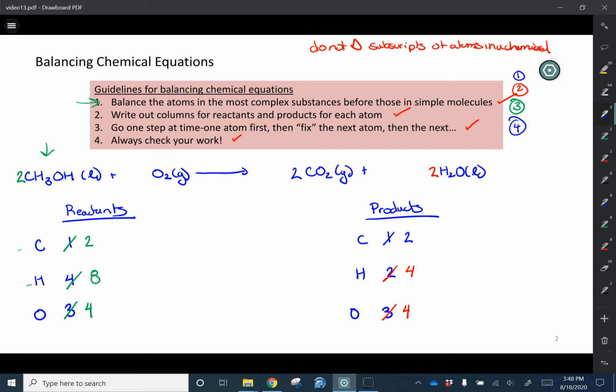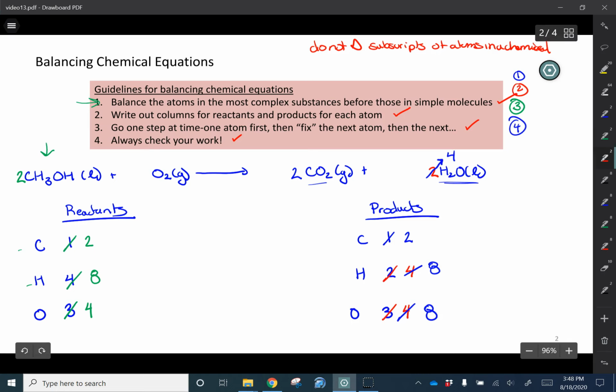So in this same step, I'm going to say that 2 is actually going to turn into a 4. So now I can say I've doubled my carbons. My hydrogens have doubled, so now I have 8. And now I have 4 oxygens over here, and I have 4 oxygens over here. So now I have 8 oxygens there.